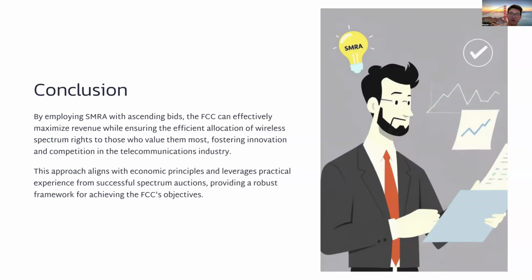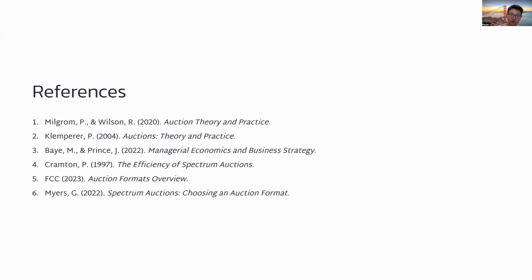It also fosters innovation and competition in the telecommunications industry, making the industry healthier and potentially more innovative. This approach aligns with economic principles and leverages practical experience from successful spectrum auctions, providing a robust framework for achieving FCC objectives. And here are the references.